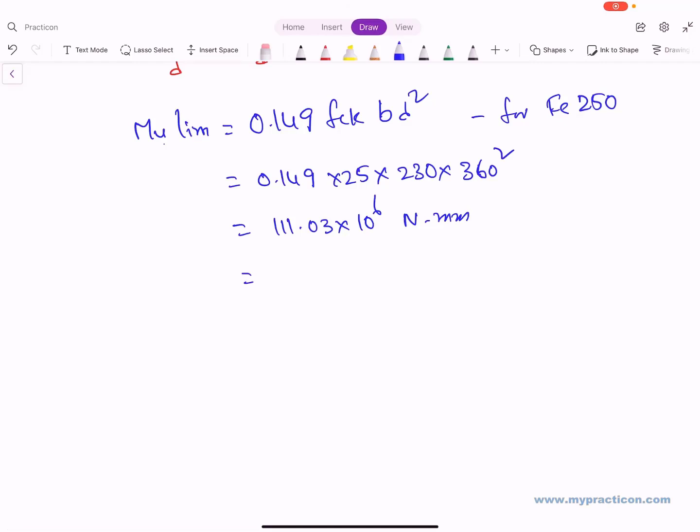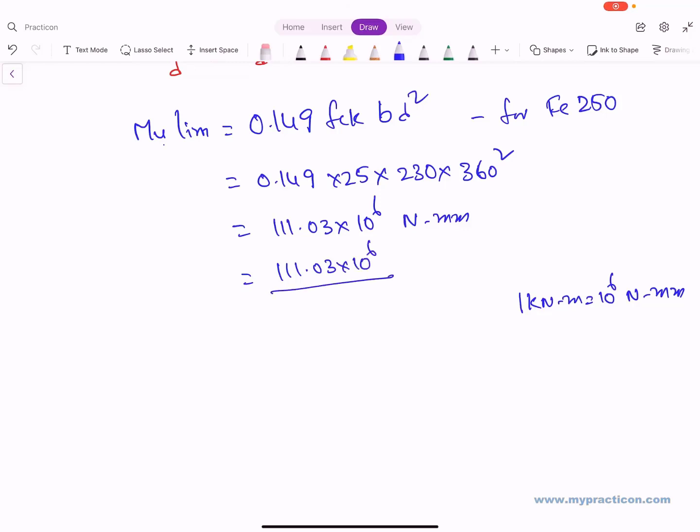So convert into kilonewton meter. 1 kilonewton meter equals 10 to the power of 6 Newton mm. So 111.03 times 10 to the power of 6 by 10 to the power of 6, then you can make it 1 kilonewton meter. So this and this will cancel, which is equal to 111.03 kilonewton meter. So this is the balanced moment carrying capacity of the section.